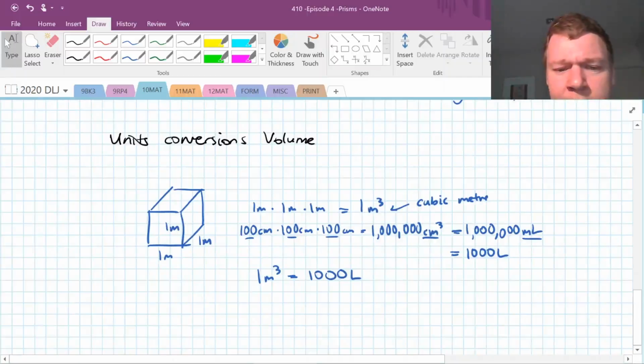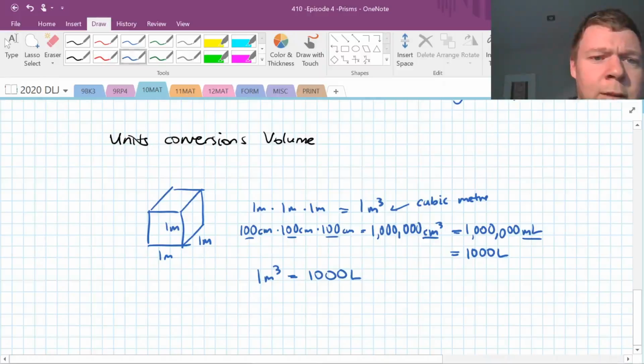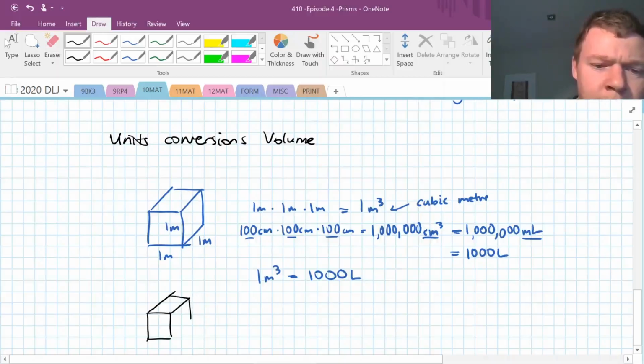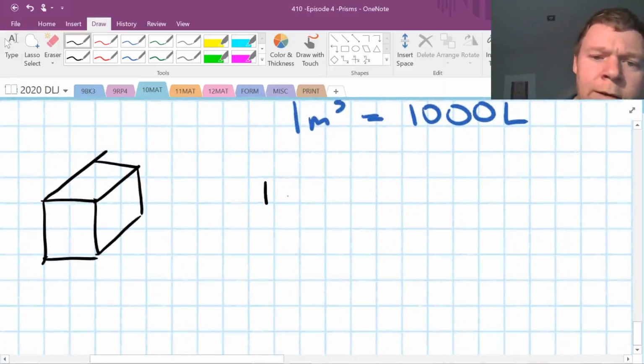All right. Let's think about a massive number. Let's get crazy. This box here that I've got is 1 kilometer cubed.